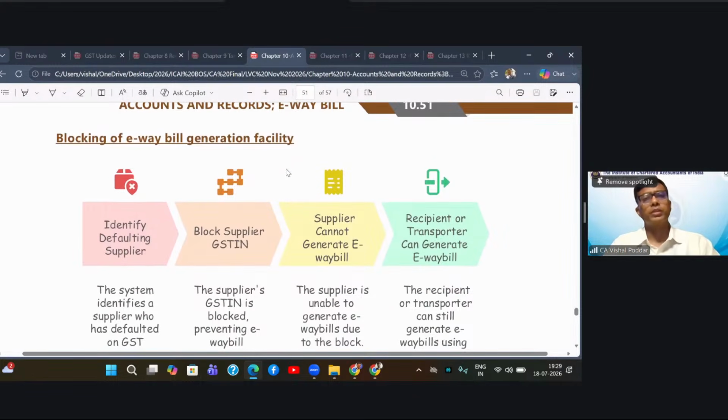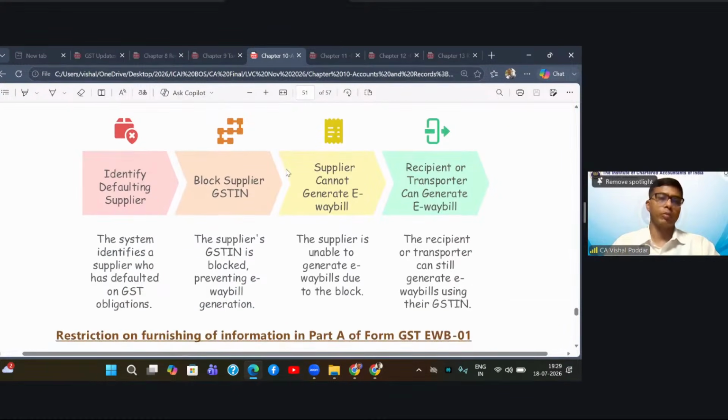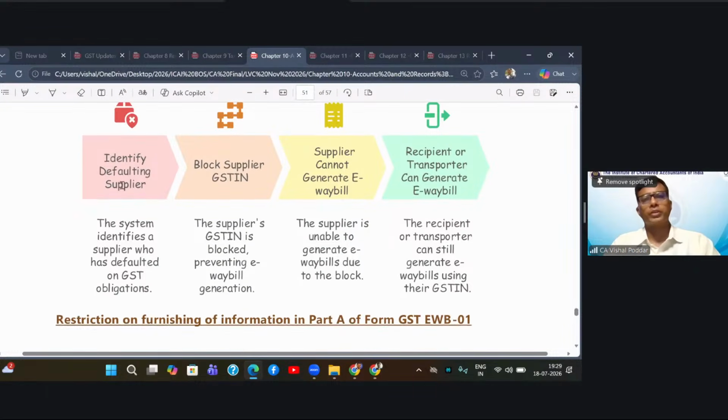Now, this e-way bill generation facility can be blocked on the portal. So the portal may not allow you to generate the e-way bill. This is a mechanism by the portal to stop fraudulent people from doing bogus transactions or trying to evade tax. How? Firstly, the portal identifies the defaulting supplier, a supplier who has defaulted in any GST obligation.